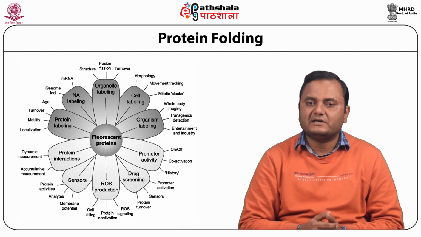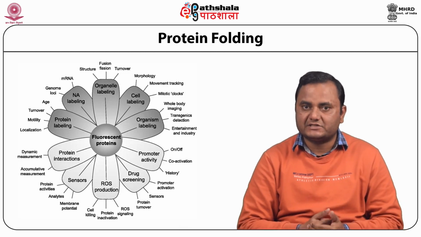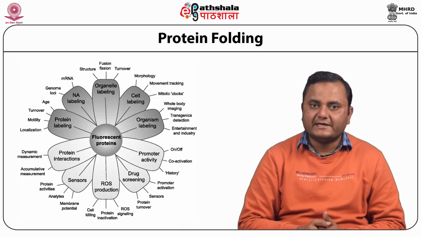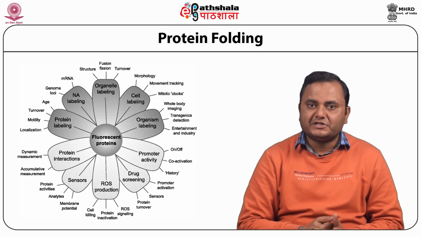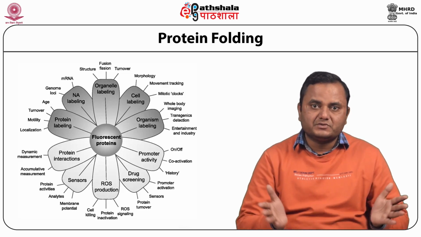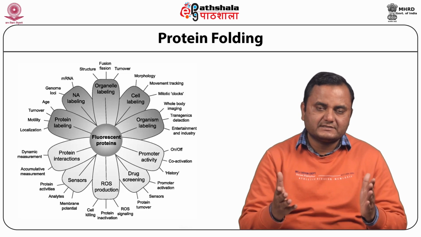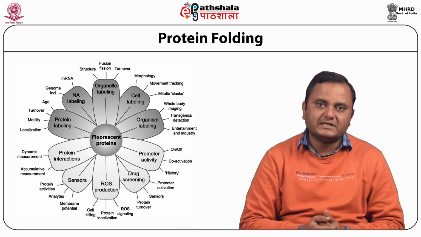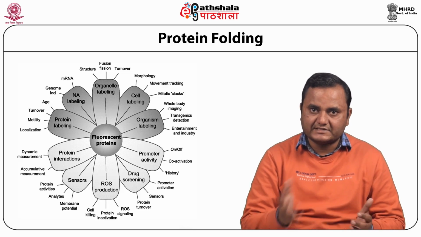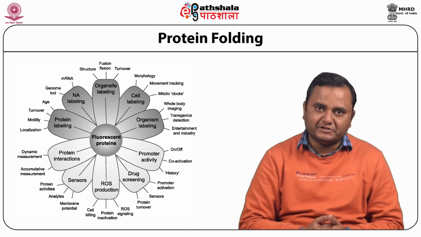It is also used for reactive oxygen species production, especially for cell killing, protein inactivation, and ROS signaling. Fluorescent proteins are used for drug screening as well, like protein turnover, sensor, promoter activation.